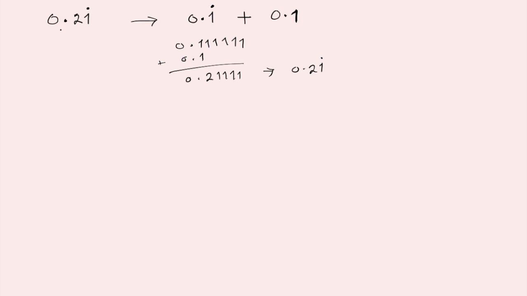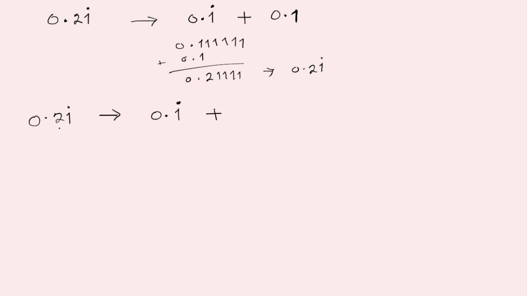So if we have a situation such as this where only a part of the decimal place is repeating, what you do is separate the repeating figures from the decimal points and then convert into fractions, as we will do now. So 0.21 repeating is equal to, we know that our repeating figure is 0.1.